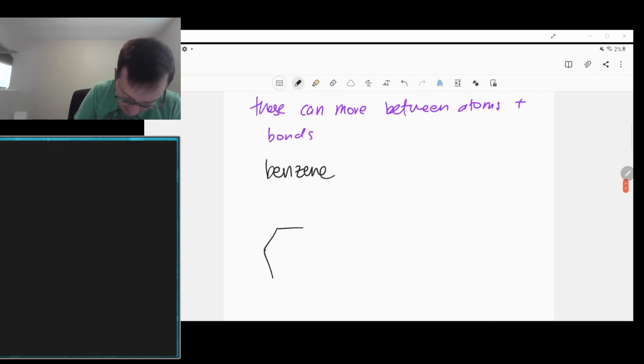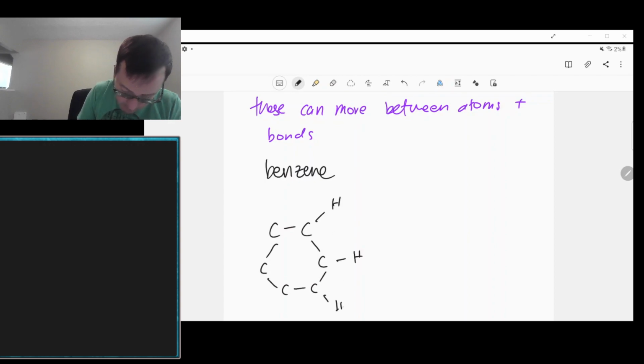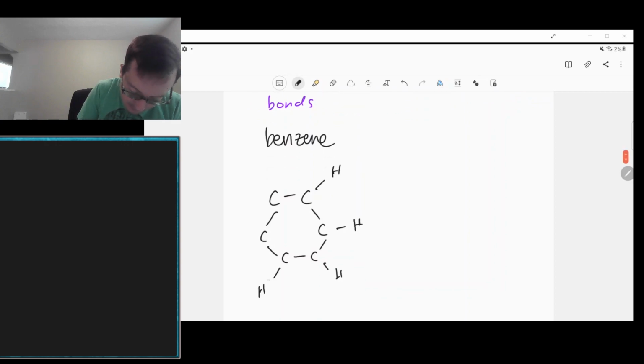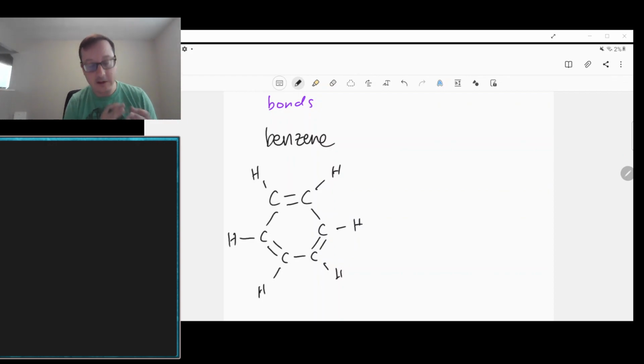Benzene is, I'm sorry, I will draw this with carbons written out. Benzene is quite an extraordinary compound, terribly carcinogenic, but very interesting scientifically. So it is a ring, a 6-carbon ring, made of alternating single and double bonds between the carbons.